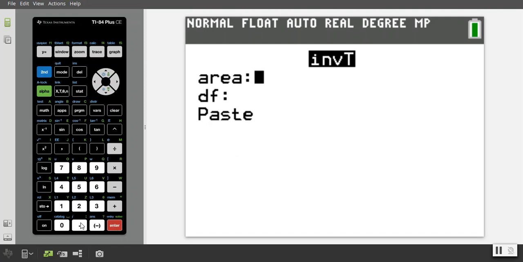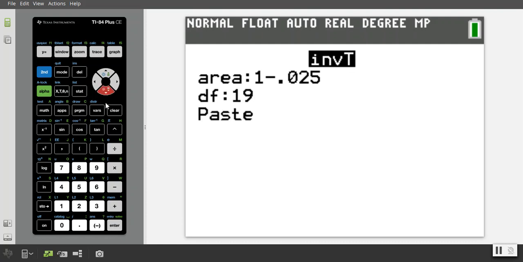The area that we're going to use essentially accounts for up to the 1 minus 0.025, and then the degrees of freedom is 19.